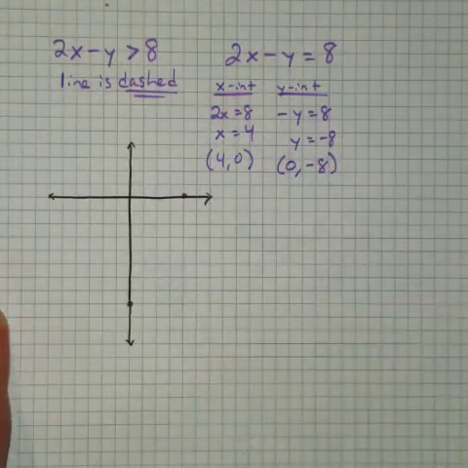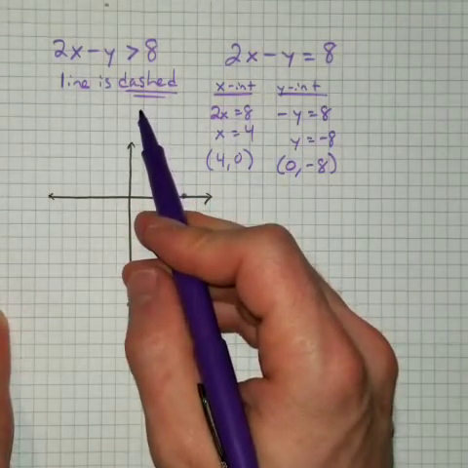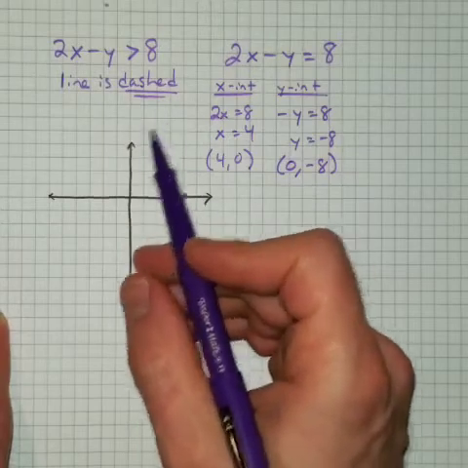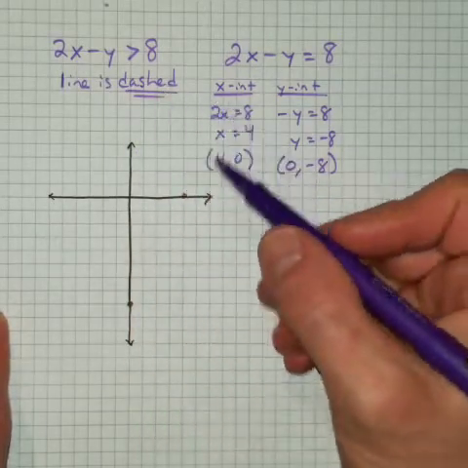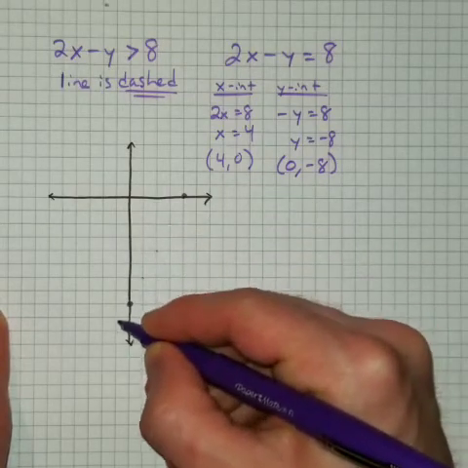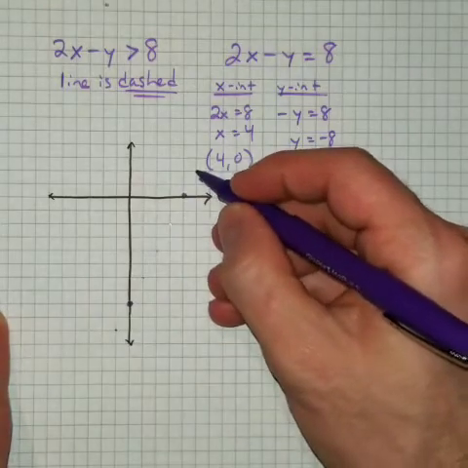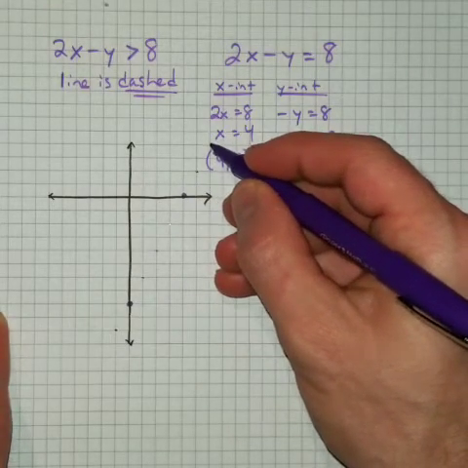Now remember it's going to be dashed. Almost made the mistake here. I was just kind of cruising. So I'm going to put in a few points so I'm not missing anything as I plot this.